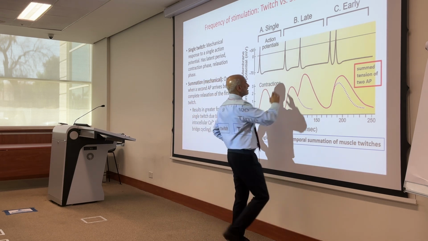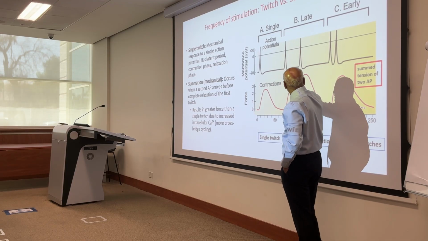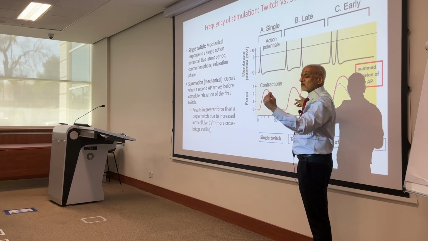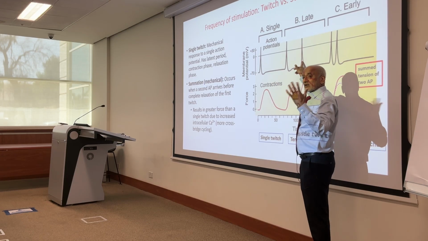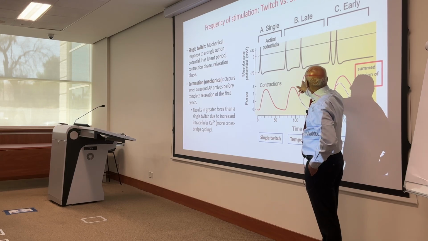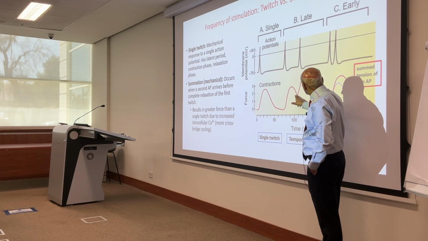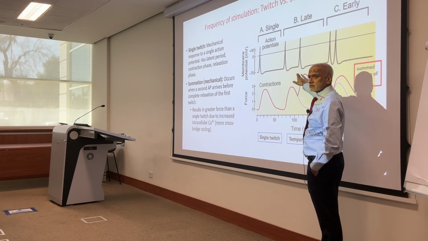So now I come to the next bit. I give a stimulation, there's my contraction. As it's coming down to relax, I give another action potential. What happens now? It goes up from there. In other words, the relaxation doesn't go all the way down and start all over again.